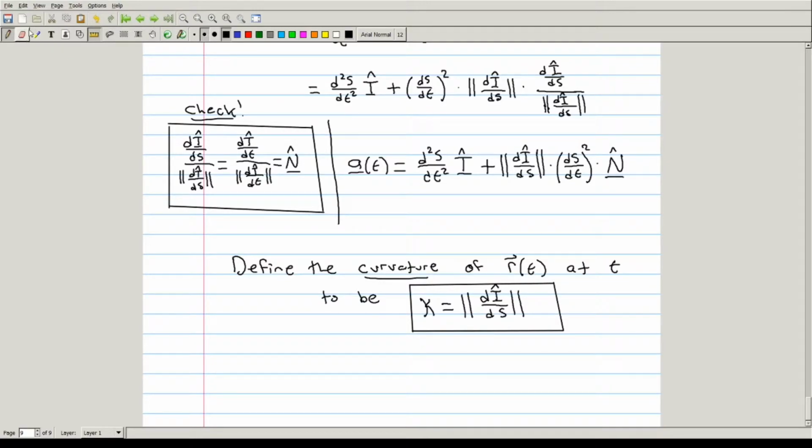And if we make this definition, then what we've shown essentially is that the acceleration along any curve decomposes as the second derivative of arc length with respect to the parameter t times the unit tangent vector, plus the curvature, which in general is a function of the parameter t, times the square of the tangential velocity, times the unit normal vector N.